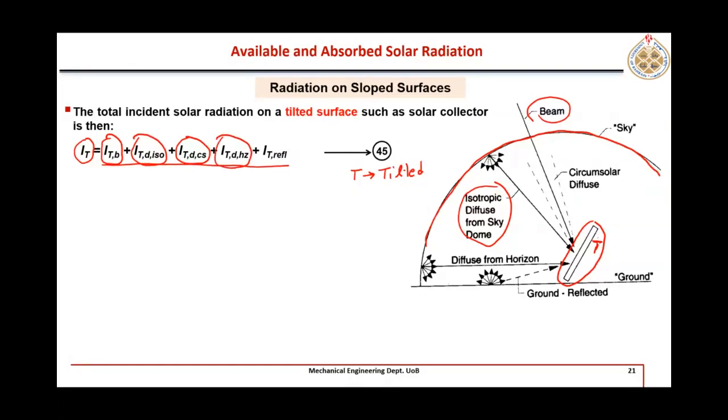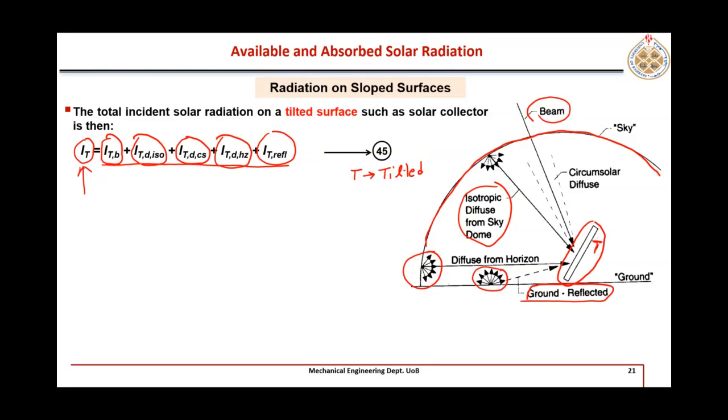Fourth one, diffuse coming from the horizon. And the last one is falling on the tilted surface but reflected from the surroundings, or we can call it ground reflected. So that is the total amount of radiation falling.